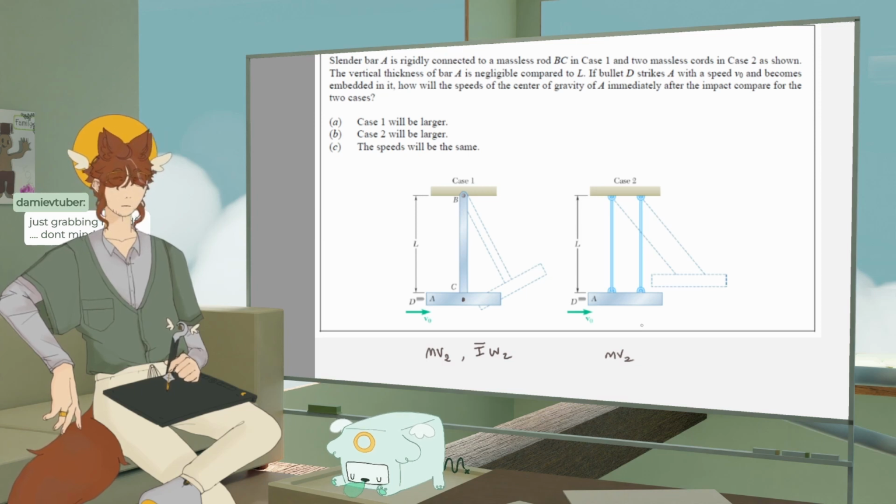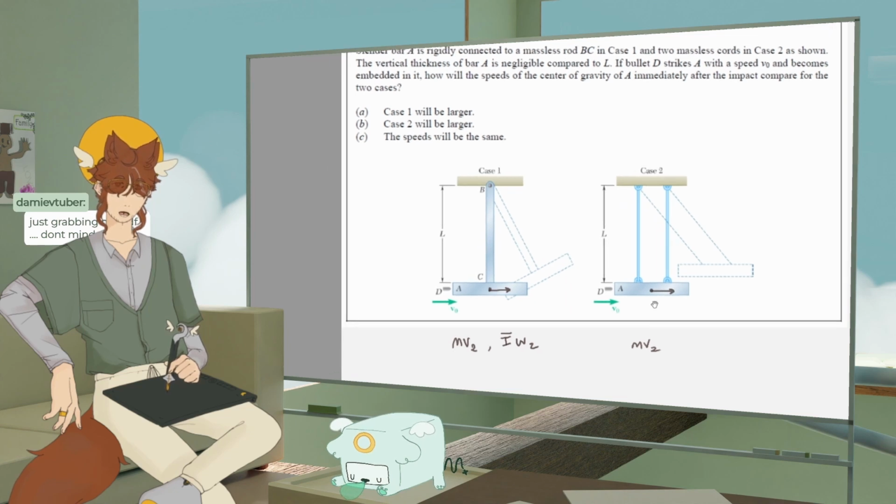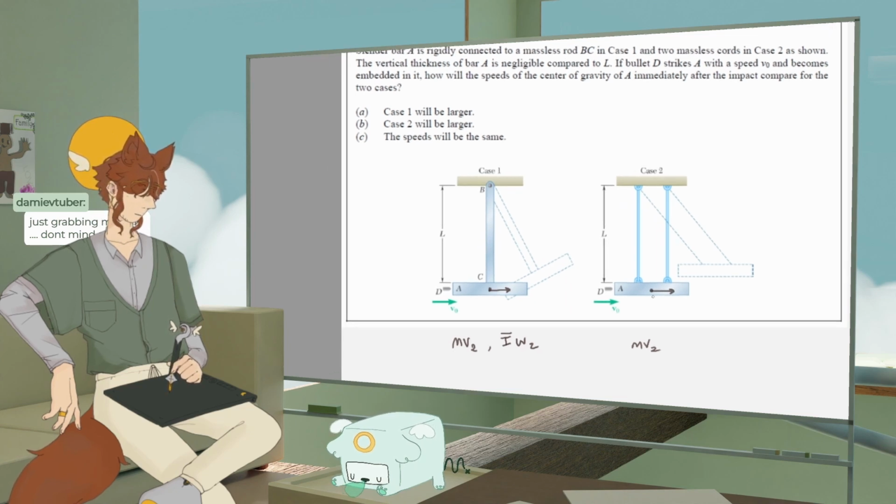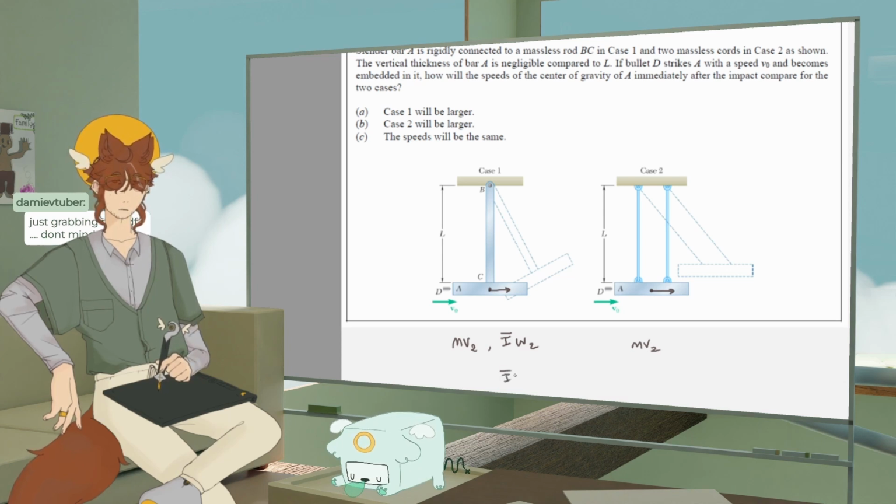Actually, never mind, I lied. This is I bar V2 over R.